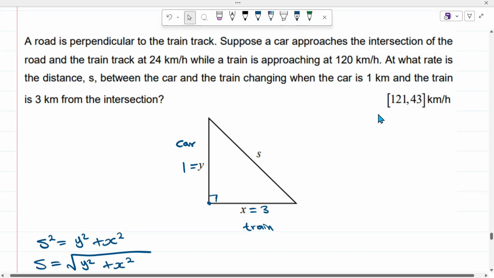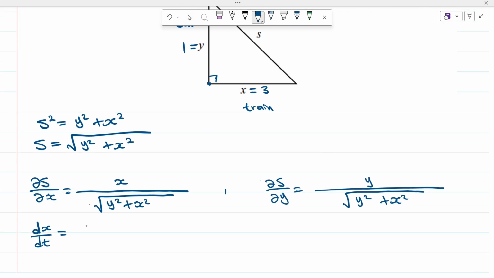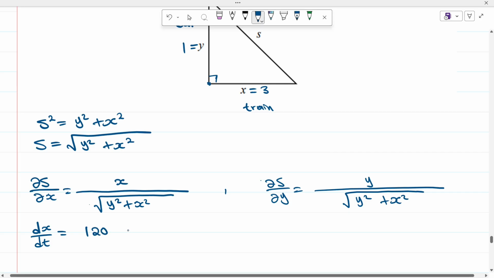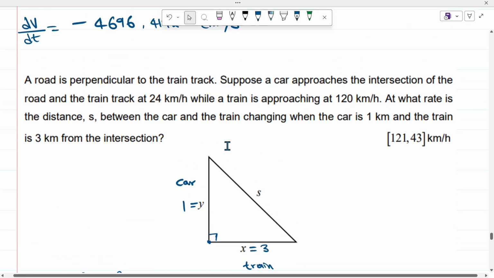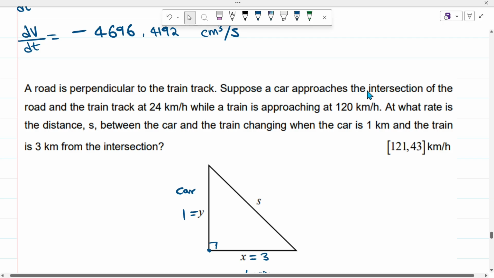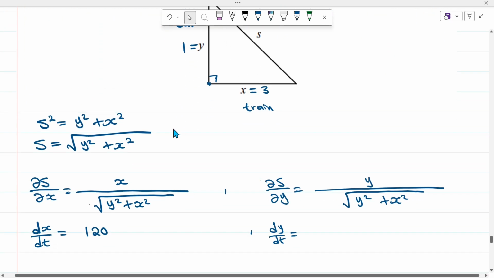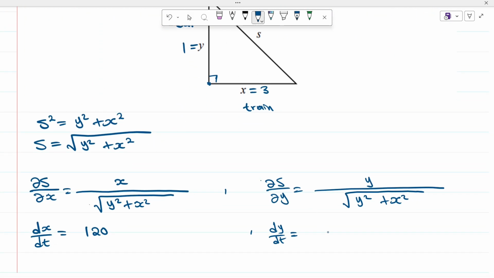So for the train it's 120. And then the rate at which y changes with time, so that's for the car, is going to be 24. Suppose the car approaches the intersection at 24. So 24 is the one for the car, which is y. So here we're going to write 24.